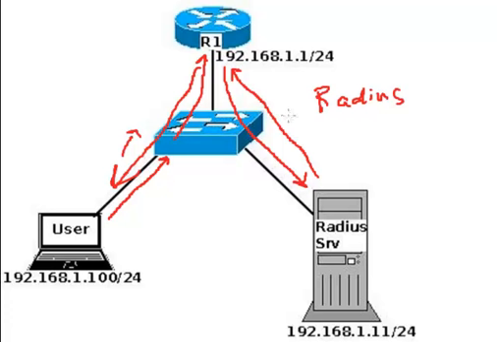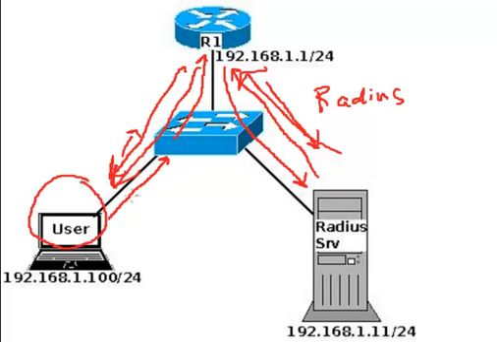Between R1 and the Radius server, R1's the client in this instance. R1 then sends the password to the Radius server and basically says, do you have this username and password combination? If it does, it says go ahead and authenticate them, and we allow the user access. So now my user has access to do whatever I'm allowing him to do on R1. That's basically what we're going to configure.